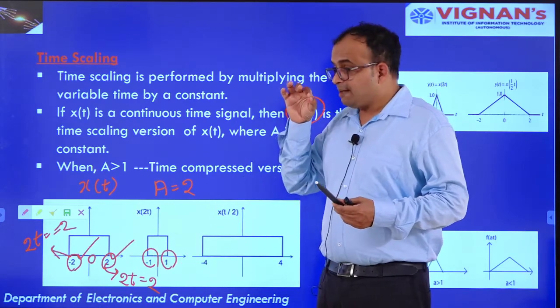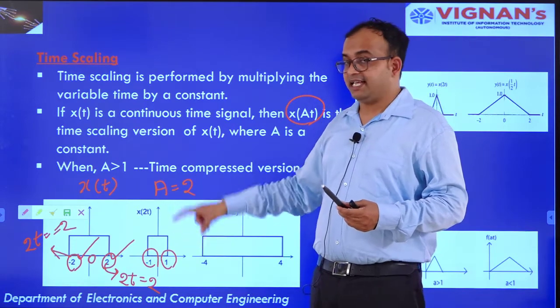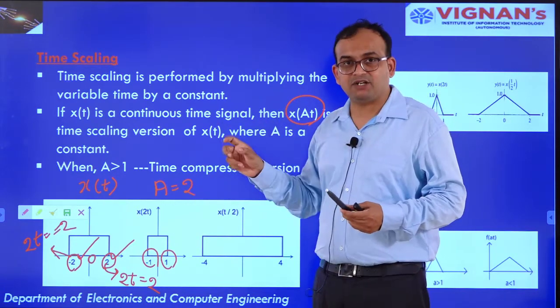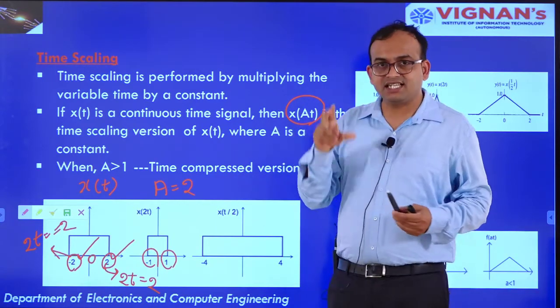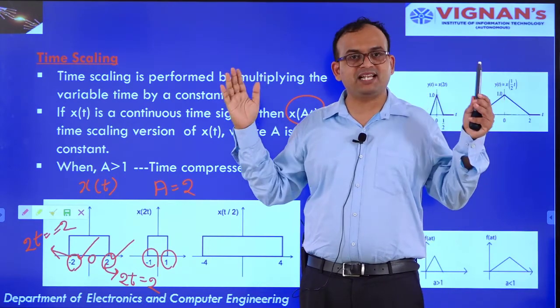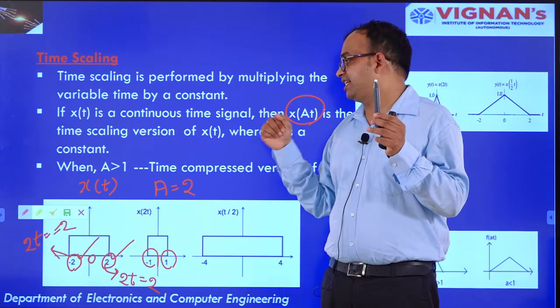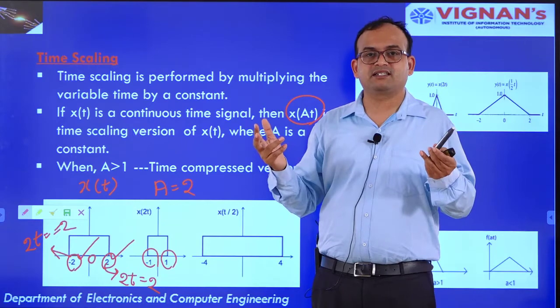So a very basic thing, in the first example we have seen that if the scaling factor a is greater than 1, the signal will be compressed in the time domain.